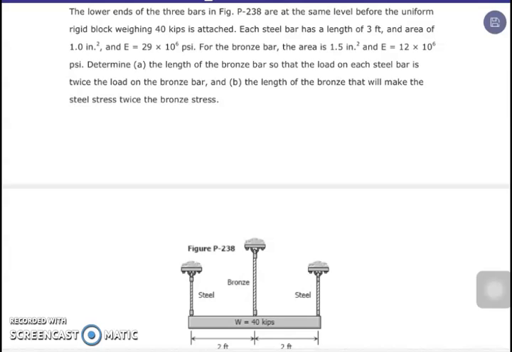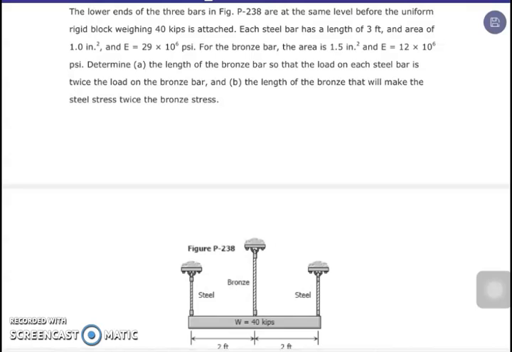So we are given our figure, and we have to take note that the load on the steel bar is twice the load on the bronze, and the stress on the steel bar is twice the stress on the bronze.